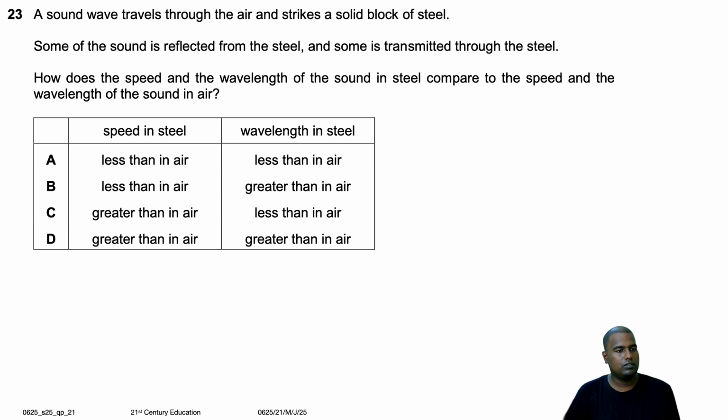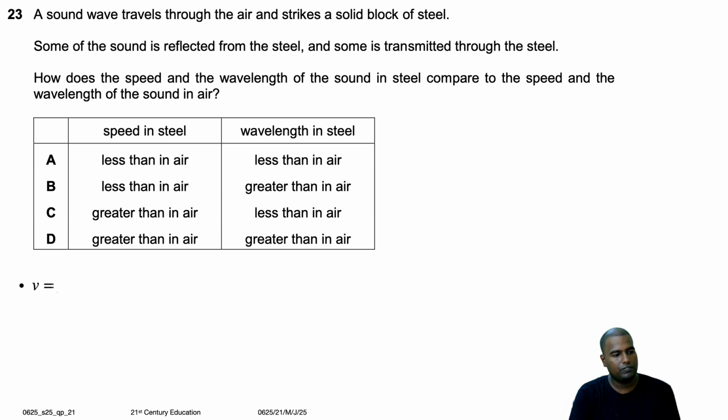A sound wave travels through the air and strikes a solid block of steel. Some of the sound wave is reflected, some transmitted through the steel. How do the speed and wavelength of the sound in steel compare to the speed and the wavelength of the sound in air? Okay, so one thing, whether it is sound or light, when a wave travels from one medium to another medium, the frequency does not change. The velocity and wavelength change.